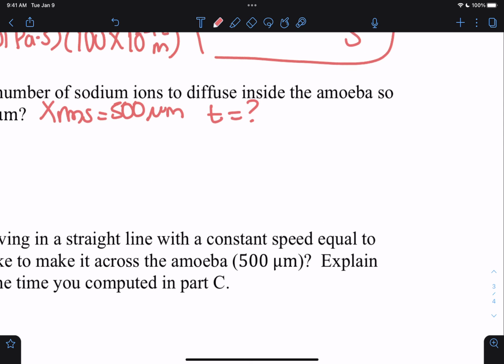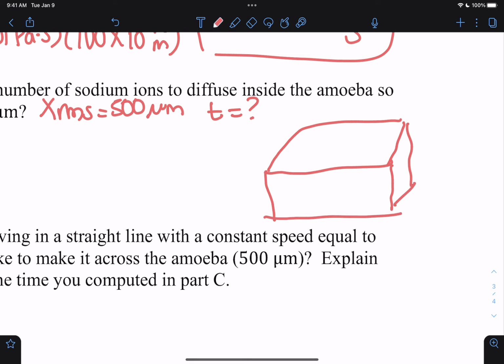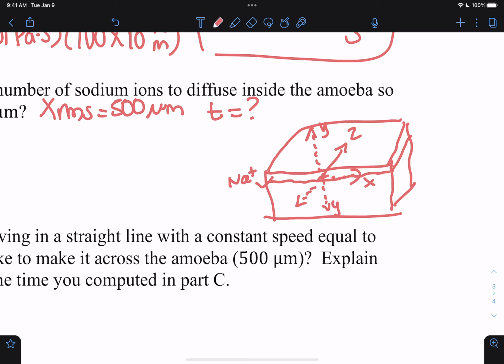Think about it from a cell standpoint: if this was the cell, here's your membrane. Particles coming in can move inwards or outwards along the z-axis, upwards or downwards along the y-axis, and left or right along the x-axis.